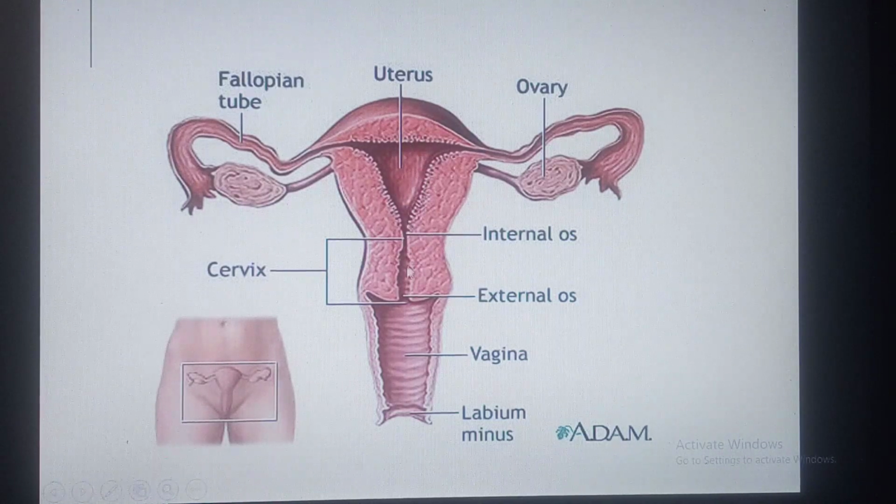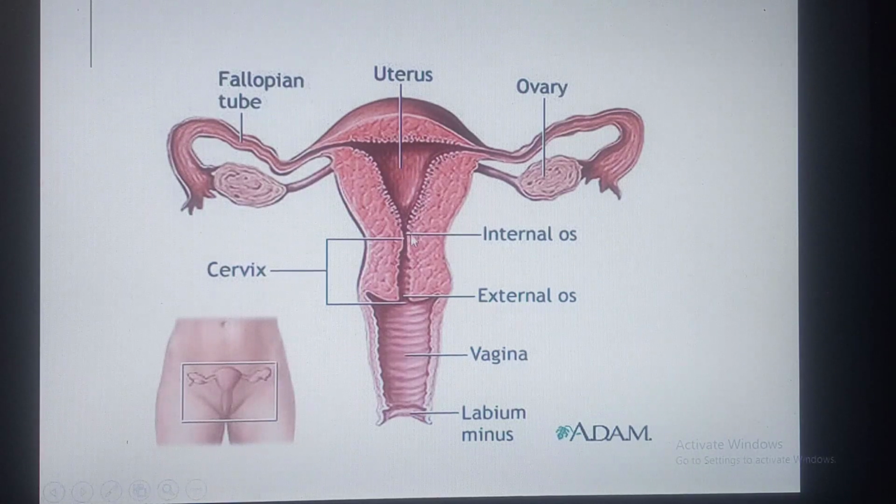Now, for the cervix, we are going to have the external os, the external orifice, from the vagina into the cervix. And then we're also going to have what we call the internal os. For the internal os, two internal osses have been identified. Where my cursor is known as the histological internal os, and this one is known as the anatomical internal os.